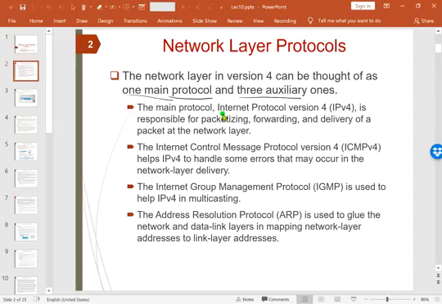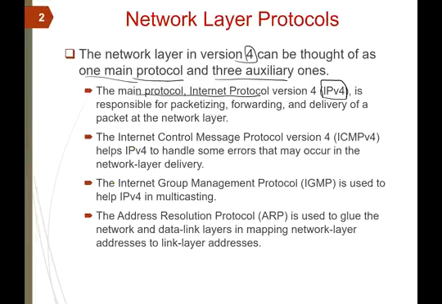The main protocol is the IP protocol, or IP version 4 when we are talking about the version 4 protocol. IP is responsible for packetizing, forwarding and delivery of a packet at the network layer.